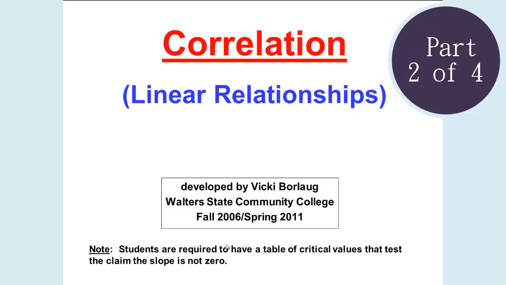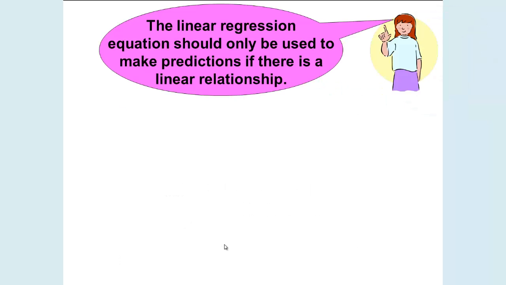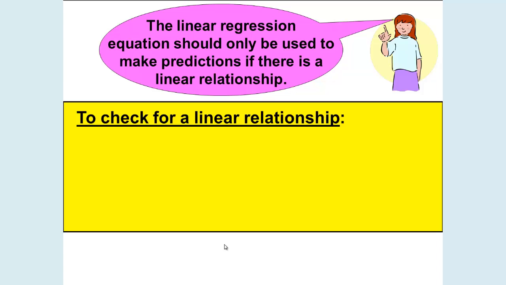This is part 2 of the videos on this PowerPoint, and we are picking up where we left off. Reviewing the last slide: the linear regression equation should only be used to make predictions if there is a linear relationship.